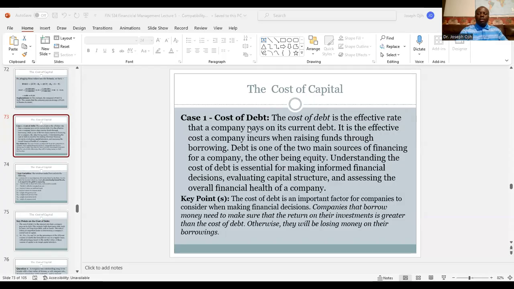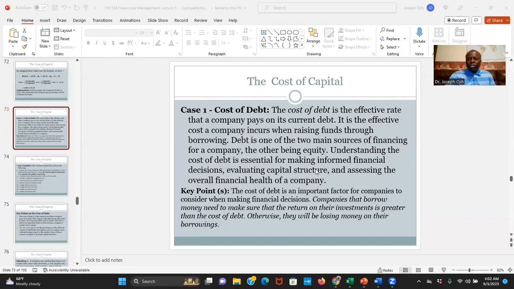In today's lecture, our main focus is on the cost of debt. Remember, these past few weeks, we have been working on cost of capital. So I've shown you how to calculate the weighted average cost of capital.